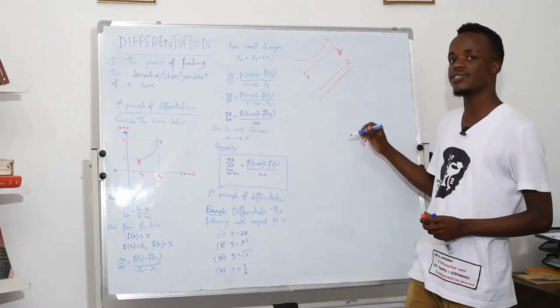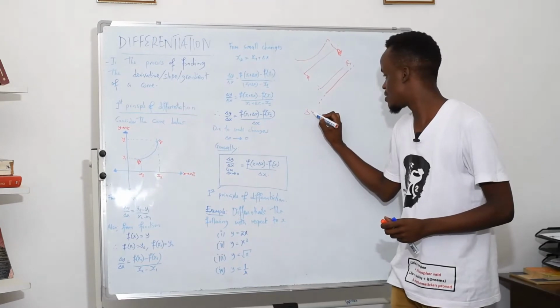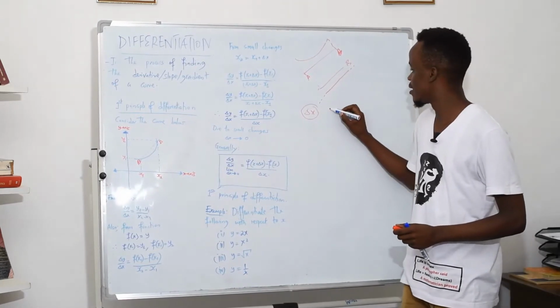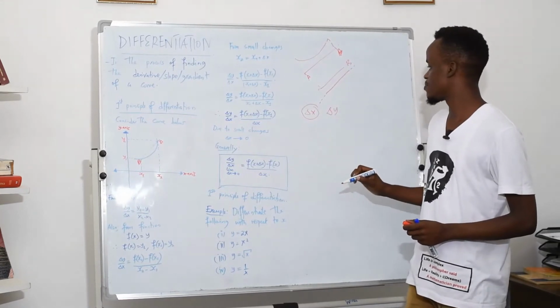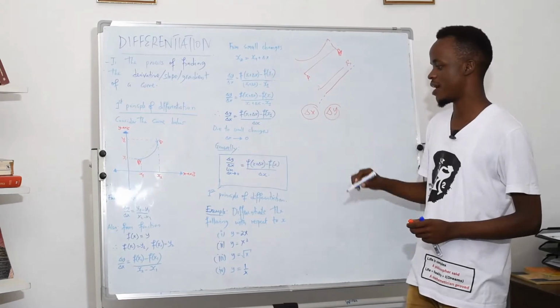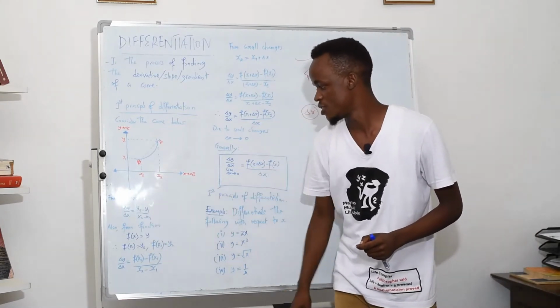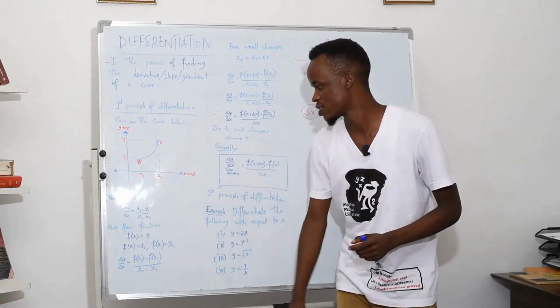Therefore, these dimensions, the horizontal dimension, we call the change in x, that means the increase in x values, and the vertical increment, we call the change in y. Therefore, slope equals change in y over change in x equals y2 minus y1 over x2 minus x1.